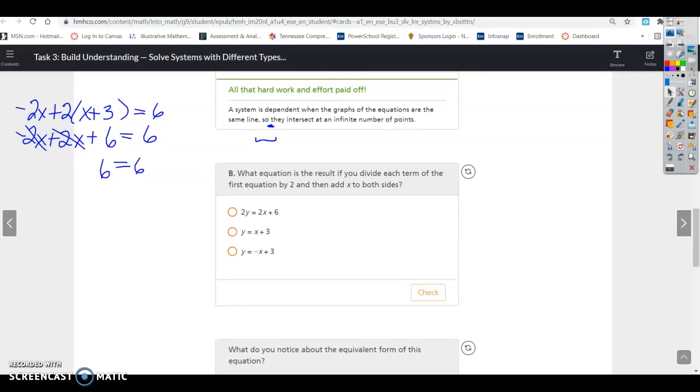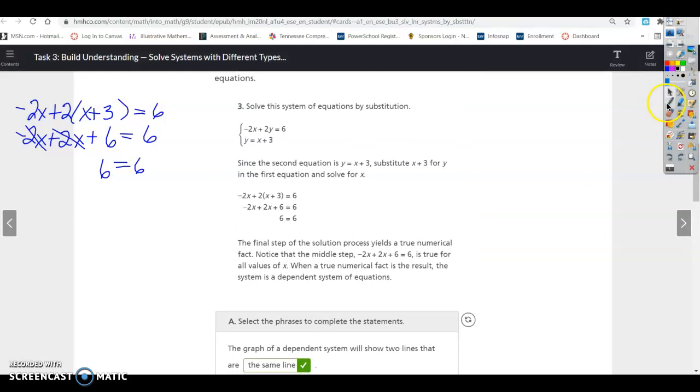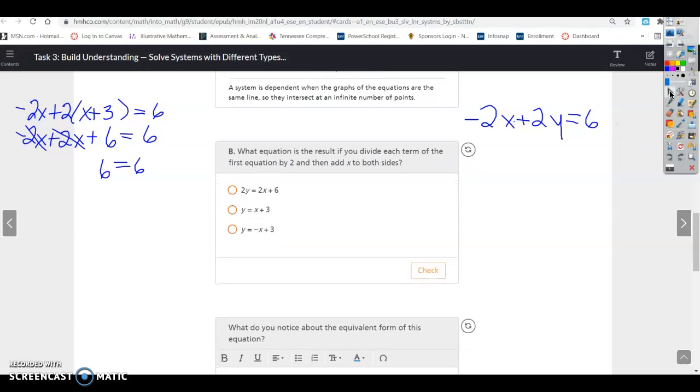What equation is the result if you divide each term of the first equation by 2 and then add x to both sides? Okay, so let's look at the first equation. The first equation is negative 2x plus 2y equals 6. Now let's go back and read the question again.